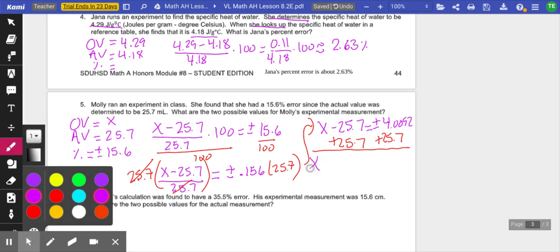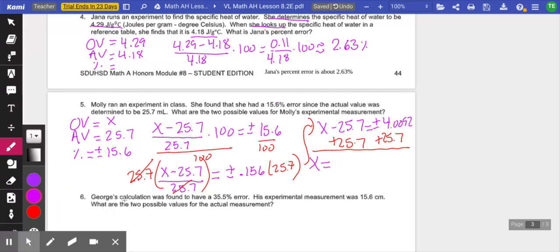So I get x is equal to, so if I add it as a positive, 25.7 plus that number, I get about 29.71.